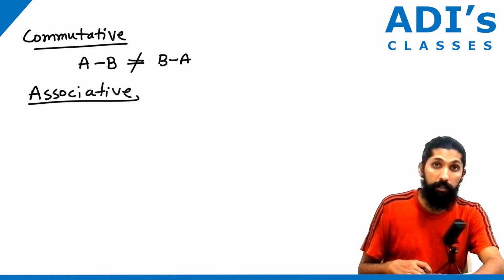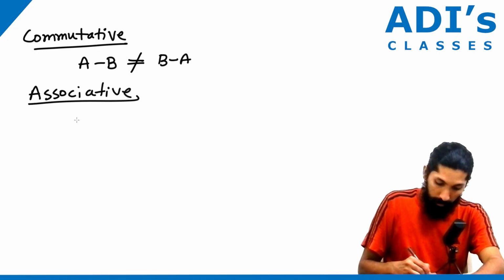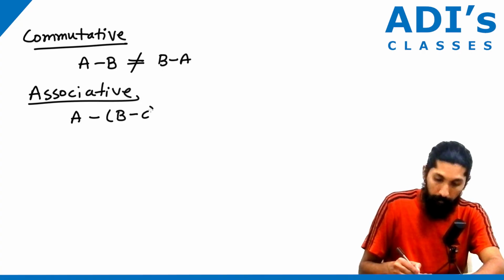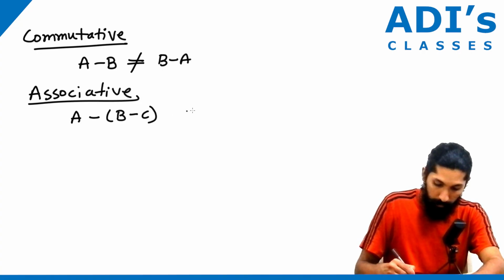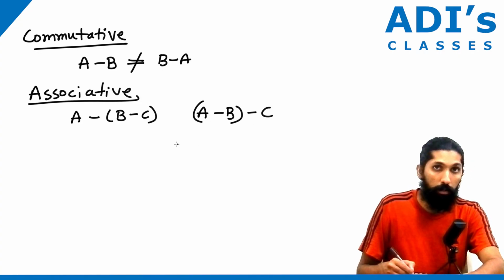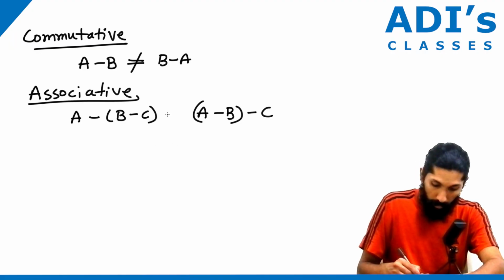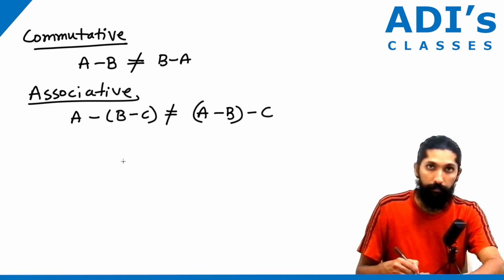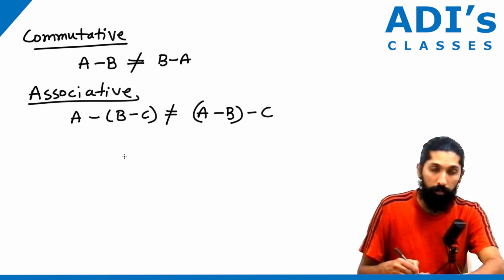If you have 3 matrices A, B and C, then A minus of B minus C and A minus B of minus C need not be equal.